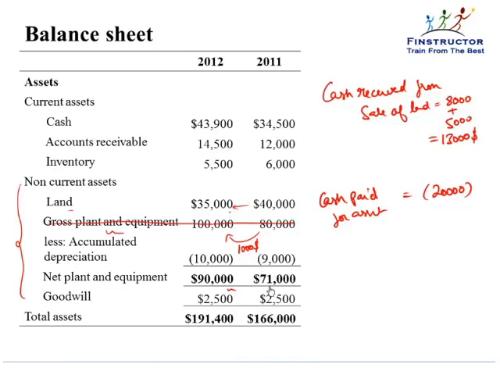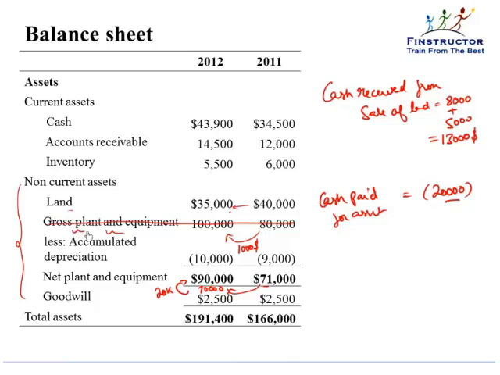So if I had done no acquisition, the net assets would have gone down from $71,000 to the extent of this additional depreciation, that is, down to $70,000. However, the net plant and equipment has actually gone up by $20,000. This is possible only if I have acquired additionally worth $20,000.